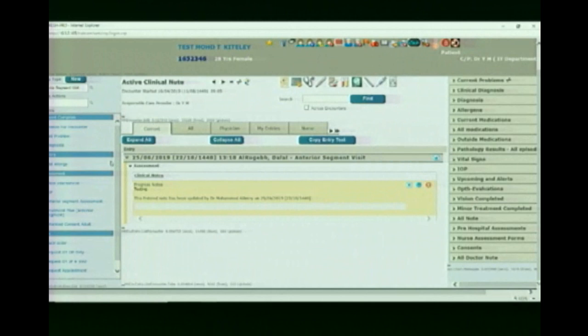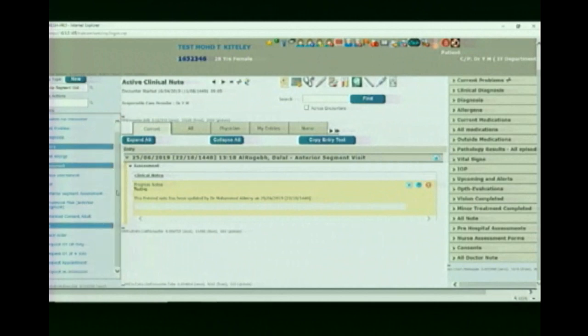If you would like to add order or add anything or request OR, all of them from the left side in one screen, which is more simple than previous. Or request appointment, you can add whatever you want from here, from one single page.